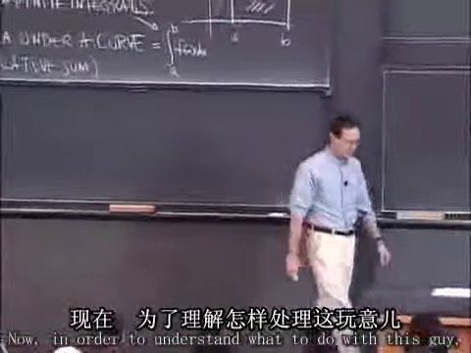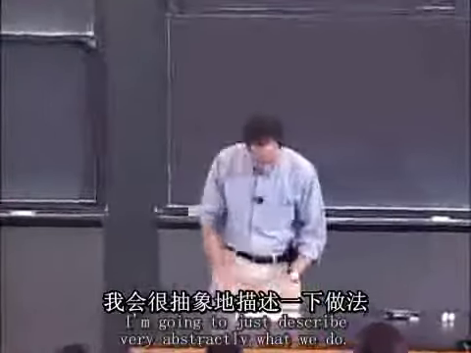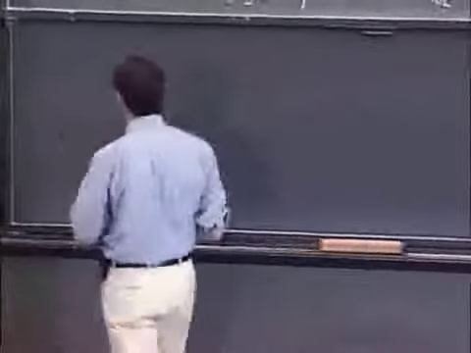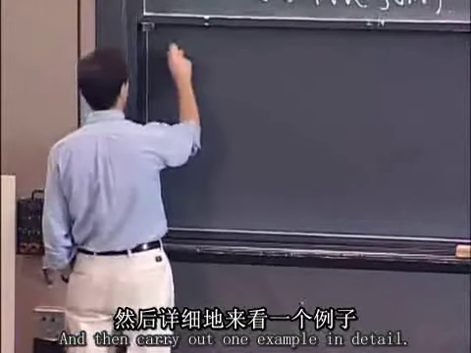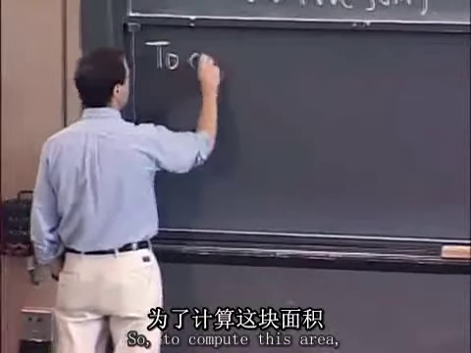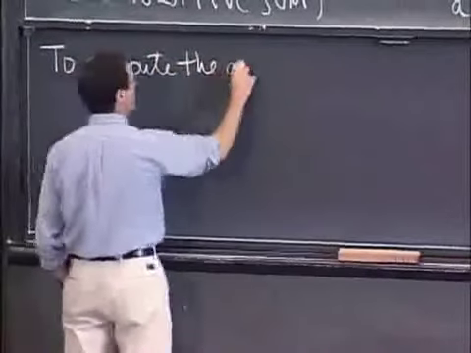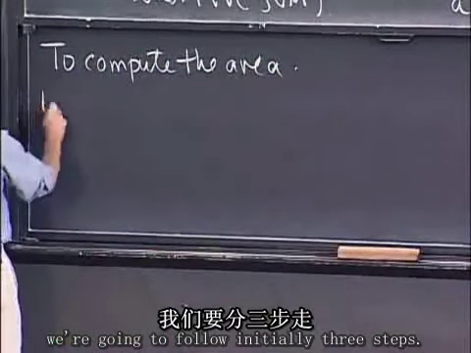Now, in order to understand what to do with this guy, I'm going to just describe very, very abstractly what we do and then carry out one example in detail. So to compute this area, we're going to follow initially three steps.